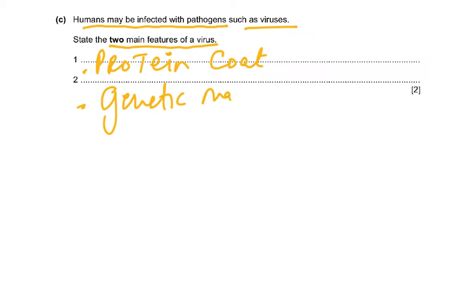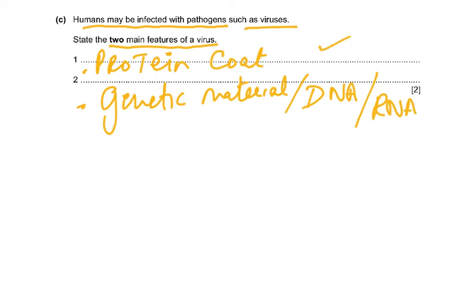And this genetic material, if you didn't know the name, well, fine, you could have just said genetic material, or you could have said DNA, or you could have said RNA. So it's not DNA and RNA, it's DNA or RNA. The genetic material can be DNA or RNA. So 1 mark for this and 1 mark for writing this. Genetic material can be DNA or RNA, or even if you just said genetic material, you got your 2 marks. So it was an easy question.